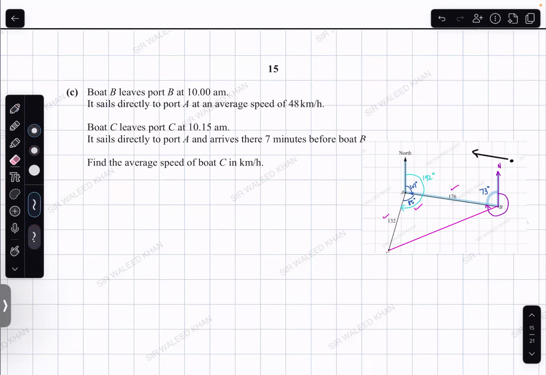To A or C? It sails directly to A. Okay. Port B, 10 a.m., and at an average speed of 48 kilometers per hour. So speed is 48 kilometers.